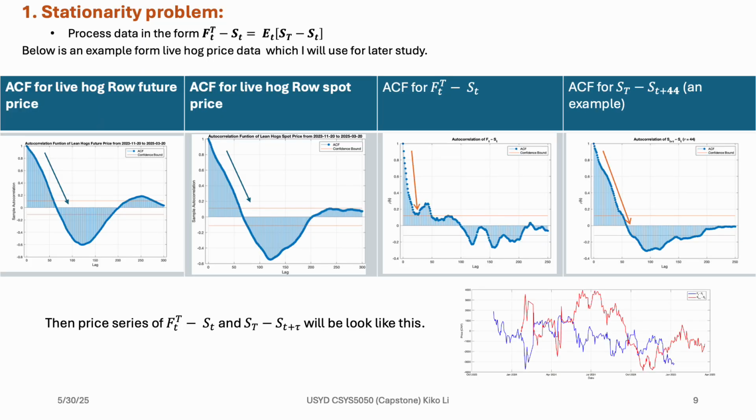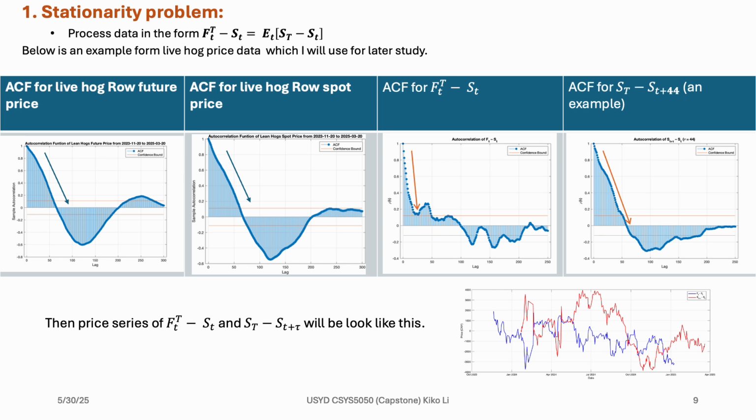For the stationarity problem, inspired by Fama's efficient market hypothesis, I will stationarize the data by the form of today's future price minus spot price, and compare the relationships with the expectation of today's spot price minus some day's spot price. The blue table is one example of the autocorrelation function checked for live hog price data, which I will present in later analysis.